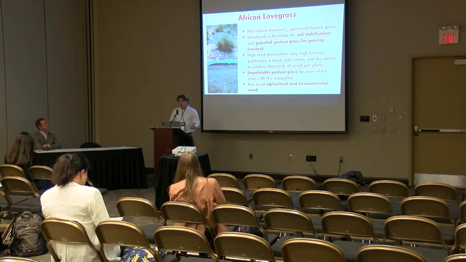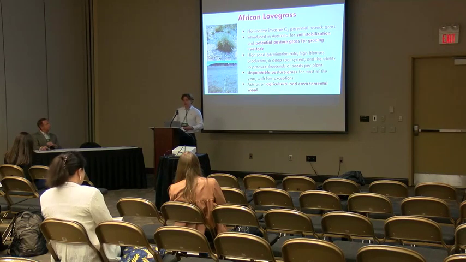So it was originally introduced into Australia for soil stabilisation, and it was an auxiliary hope that it could also be used as a potential pasture grass for grazing livestock. Some of African lovegrass's traits are a high seed germination rate, high biomass production, a deep root system, and the ability to produce thousands of seeds per plant.